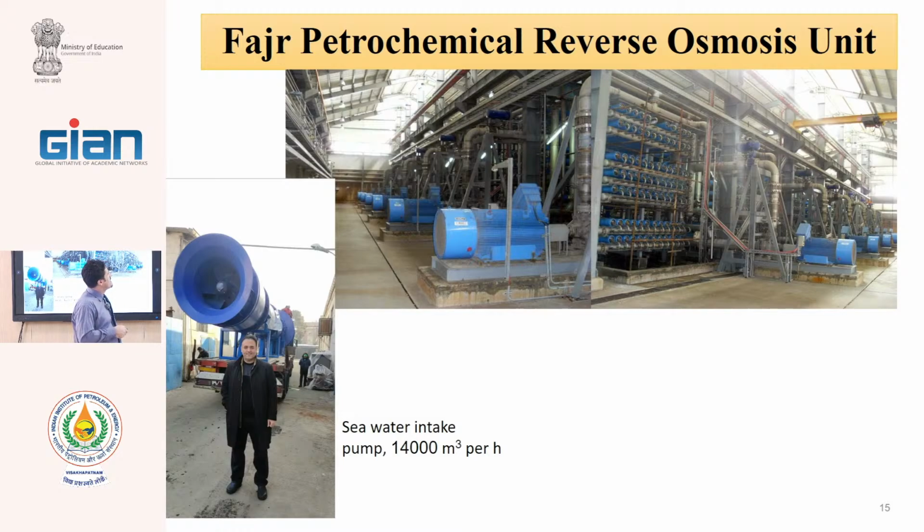And this Fajr RO unit produces the required water for these 50 big petrochemical companies. Those petrochemicals produce different types of polymers, chlorine, NaOH, acid, and every chemical produced in Iran.